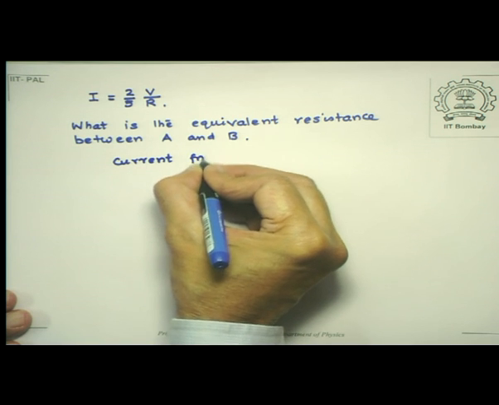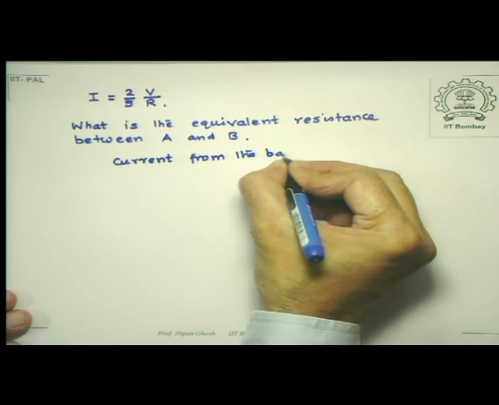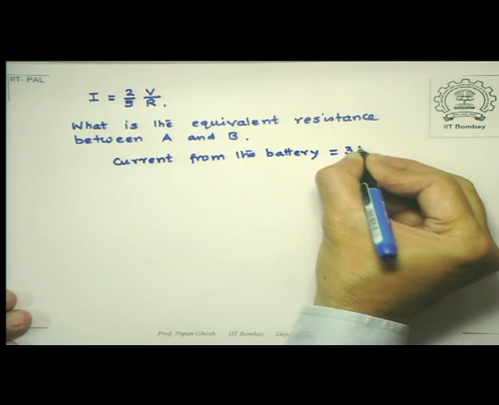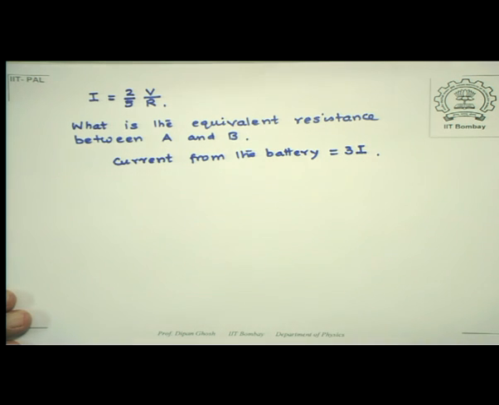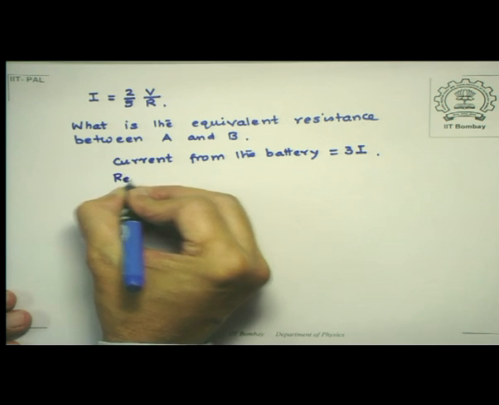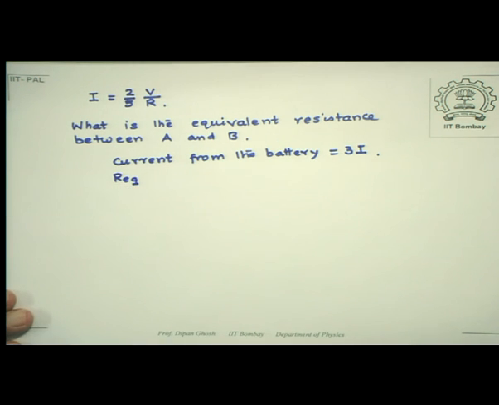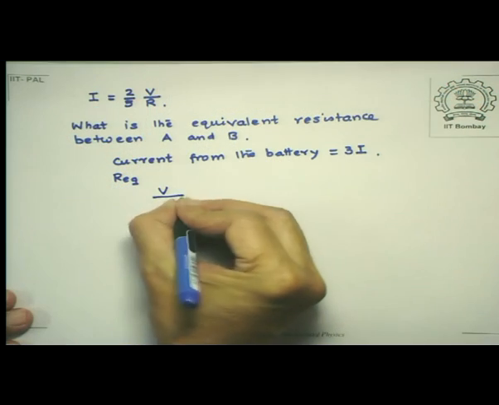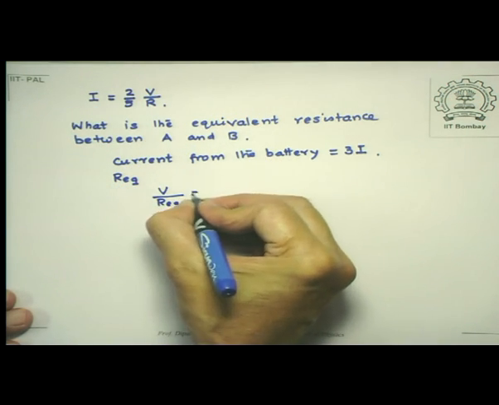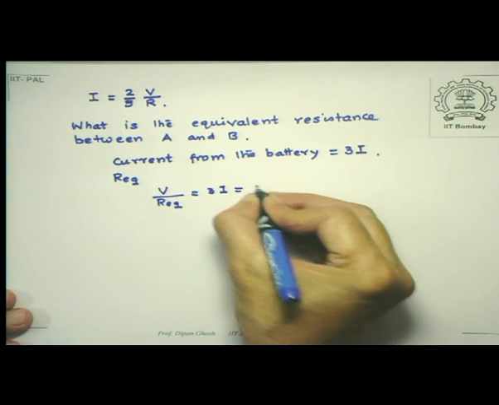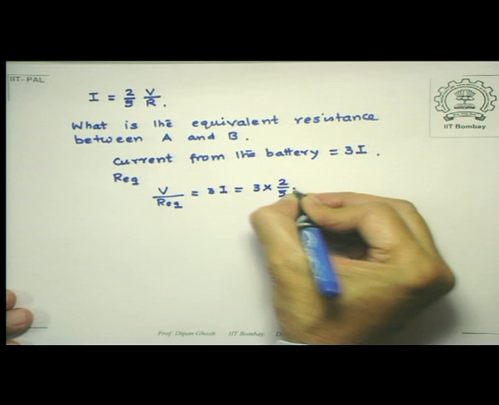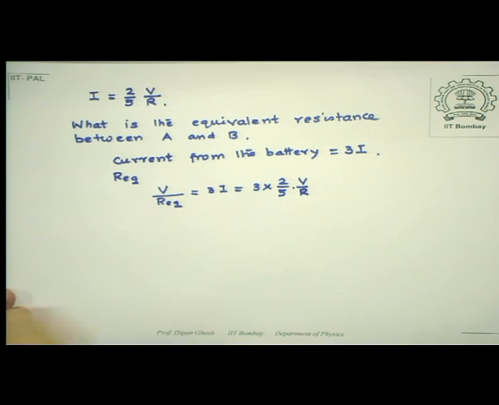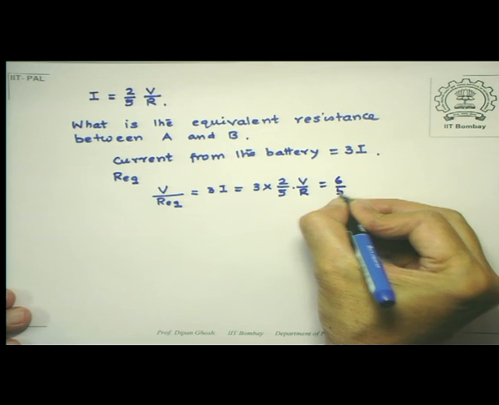So, current from the battery is 3I. Now, supposing R equivalent is the equivalent resistance of the circuit between the points A and D, then by definition it follows that V divided by R equivalent must be equal to 3I, which is equal to 3 into 2 by 5 V by R, because that was the value of I. So, this is equal to 6 by 5 V by R.